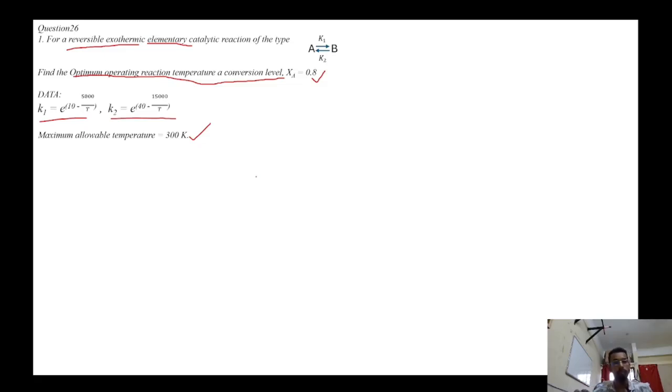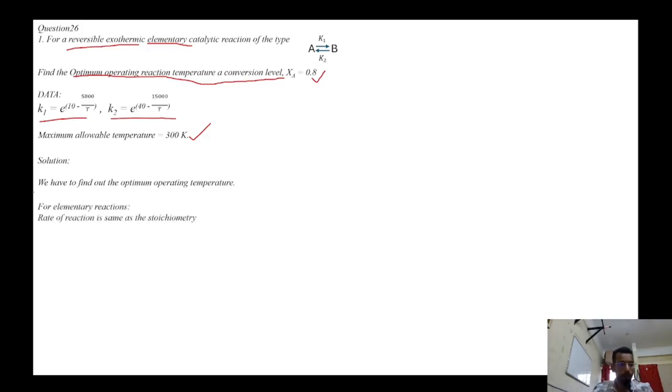On the number of moles the pressure depends, high, low or moderate, and the same way temperature depends. The problem with the reversible reaction is that after some extent they reverse the direction and are converted into the reactant again. So the solution is, we have to find the optimum operating temperature.